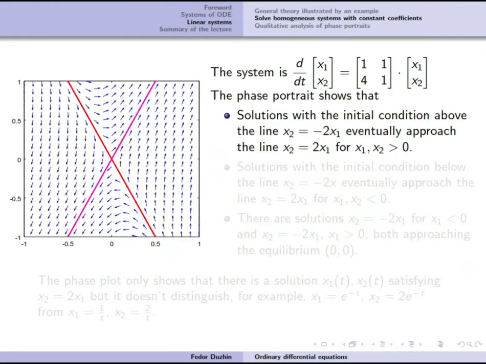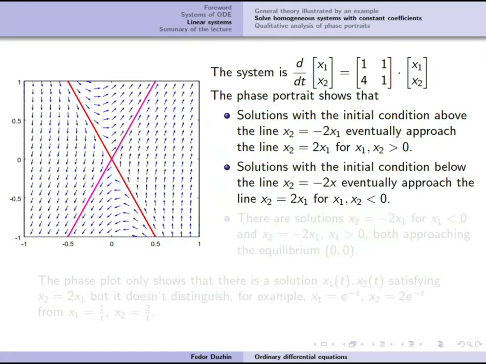The phase portrait shows that solutions with the initial condition above the line, so above the red line, eventually approach the blue line. And solutions with the initial condition below the red line also eventually approach the blue line, but on the other side.